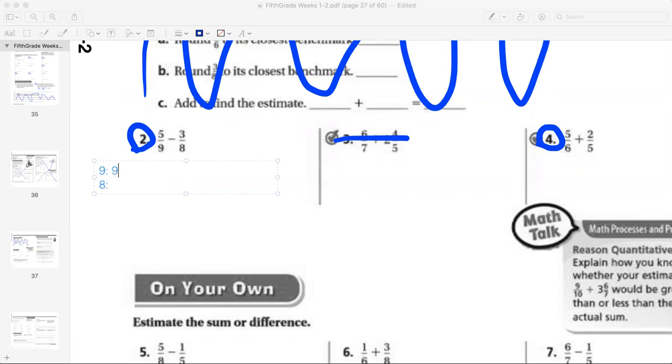So this would be 9, 18, 27, 36, 45, 54, 63, 72. And for this one, you're going to notice you have to go a lot longer or farther than you would have had to for some of the other ones.